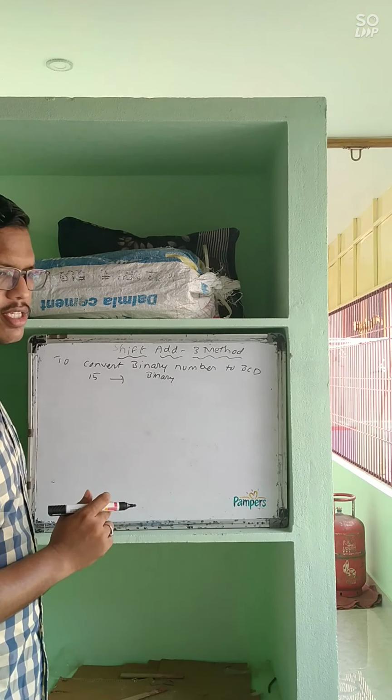In BCD, what is the equivalent of the decimal number? 1 is represented as 0001, 5 is represented as 0101, right? So now our job is to convert the binary number into BCD. Okay.